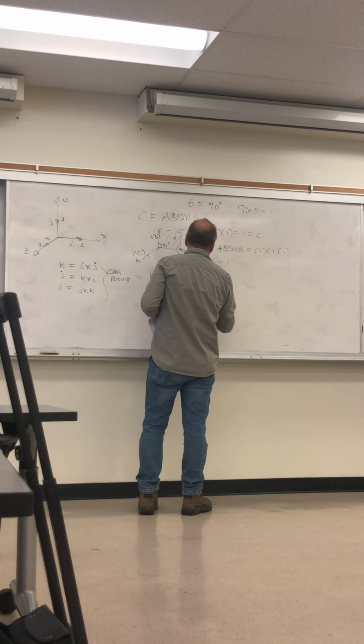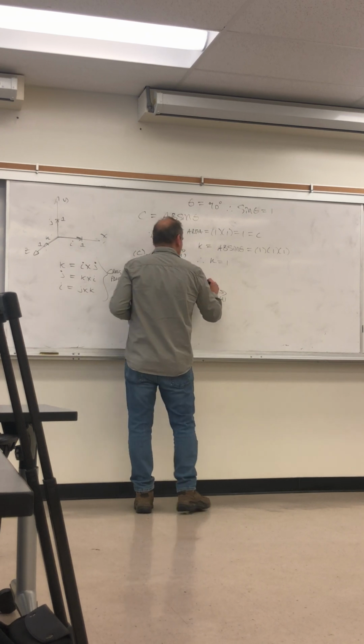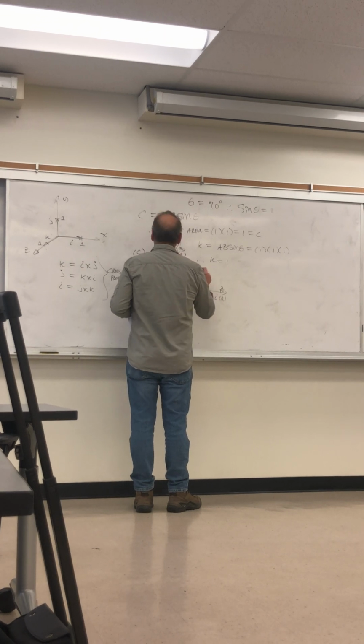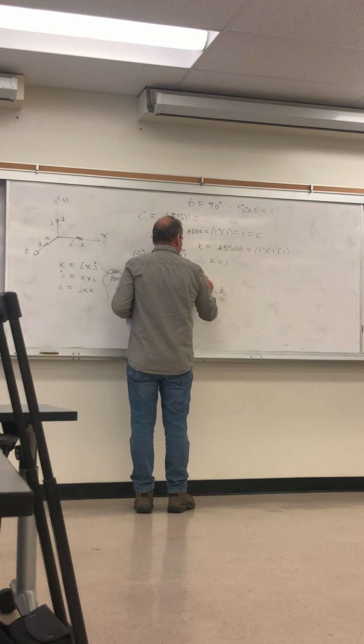We see I, which is our A vector. We see B, this is equal to 1. D, which is our J vector, which is 1.